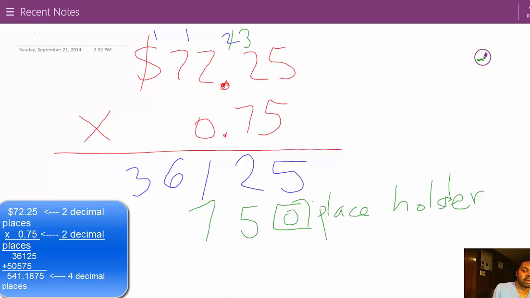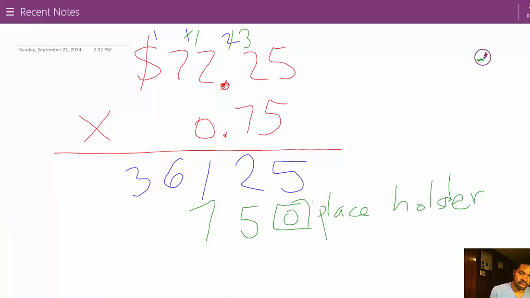Put a 0 down and you carry over the 1. Okay, and 7 times 2 again is 14, and 1 is 15. You put the 5 down and you carry the 1. And 7 times 7 is 49, and 1 is 50.